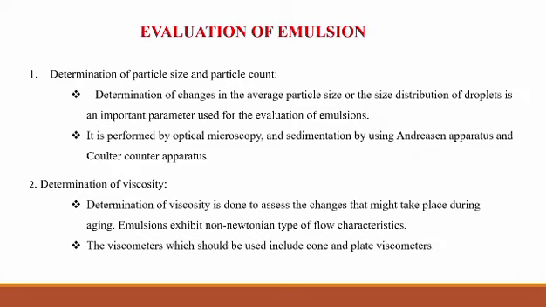Next is evaluation of emulsions. Evaluation of emulsion is nothing but when we are preparing an emulsion, or when the preparation process is fully completed, we have to evaluate or check the quality of the emulsion. We have to check whether the emulsion is of good quality, or it can withstand its whole shelf life period, and whether there are any instability problems before dispatching it to the marketing side.